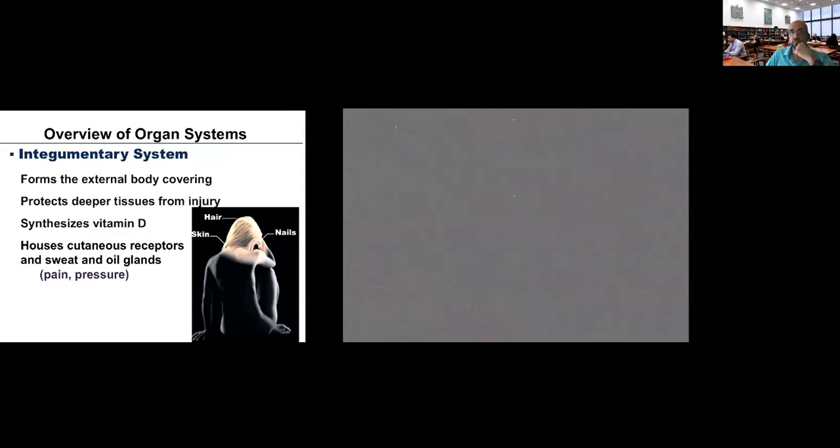Any other ideas? What else, other than protection? Protection of the underlying organs, yes. Temperature regulation. Any other ideas? So we've got protection, we've got temperature regulation.